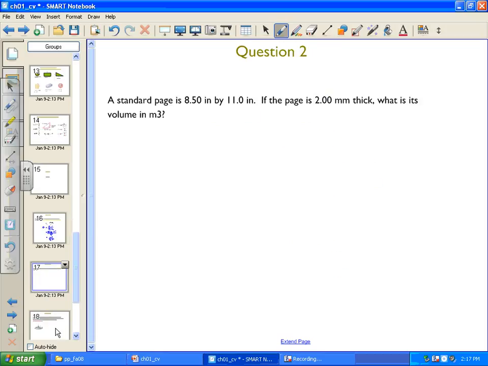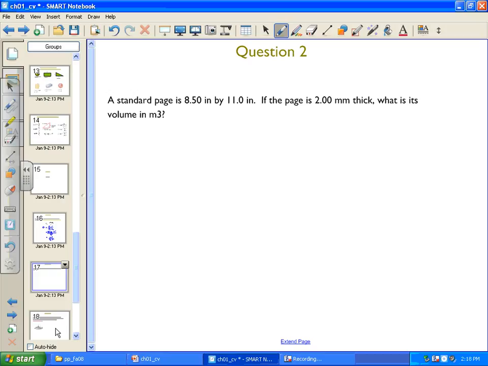Next problem. A standard page is 8.5 inches by 11 inches. If the page is 2 millimeters thick, what is its volume in meter cubed? So this is a conversion problem, and the first thing that we need to do is to determine the conversion from inches to meters and millimeters to meter.